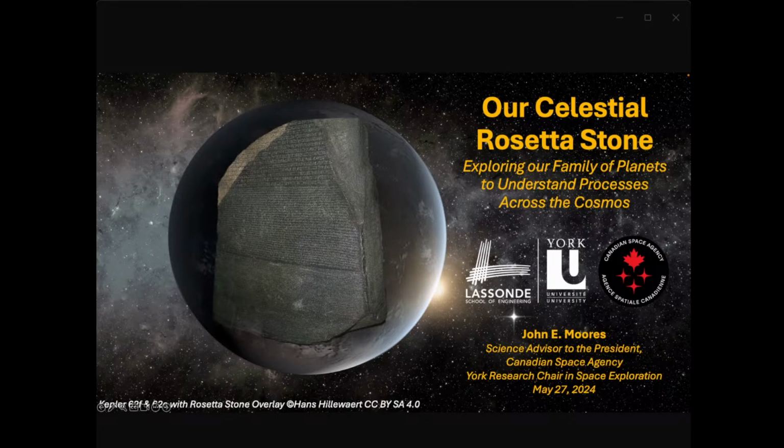That is a discipline where we're using telescopes to look for new planets around distant stars and to really understand what's going on with those. But both of these types of planets, they both share the same kinds of processes. They both work in the same ways. So we can potentially translate between the two of them using a Rosetta Stone of sorts. And I'll get into that in just a couple of minutes.